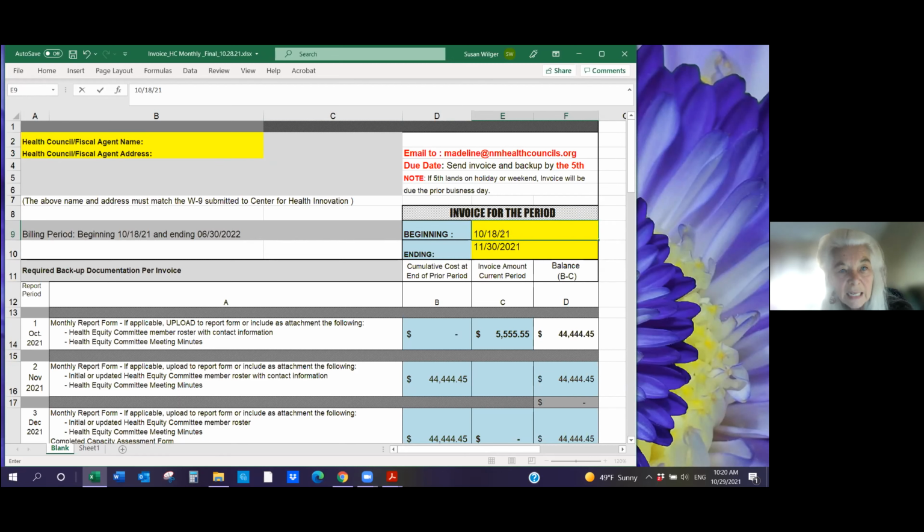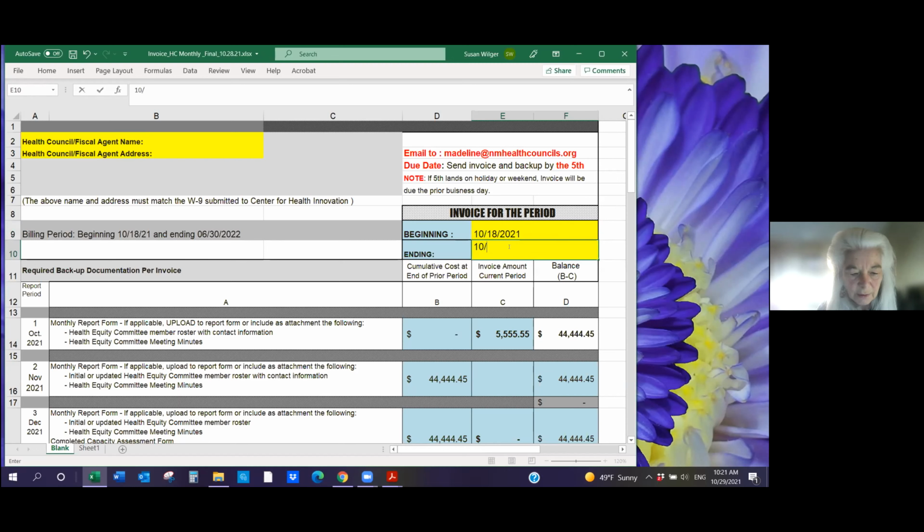It may be signed later in the month, like October 30th or November 15th, but that's okay because it's retroactive to the 18th. So if you don't yet have a signed contract and you're reporting on 2 months, your report period would then be 10/18/2021 through 11/30/2021 if you're reporting for 2 months. Okay.